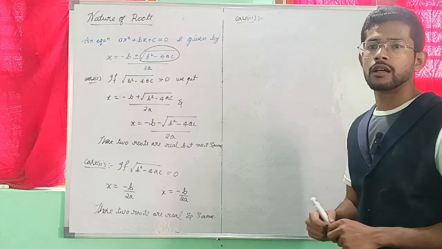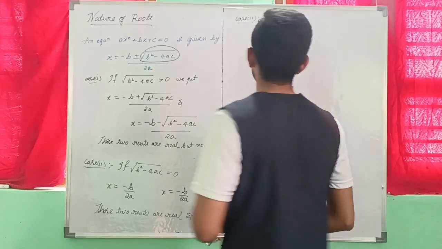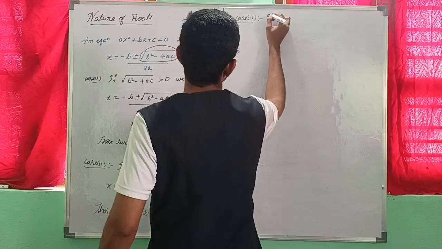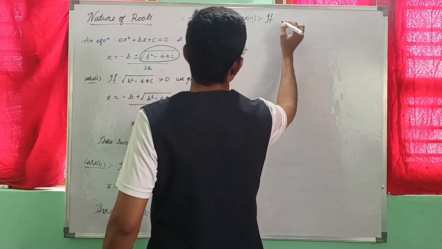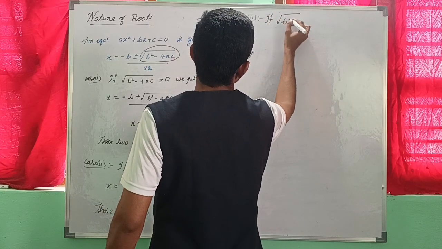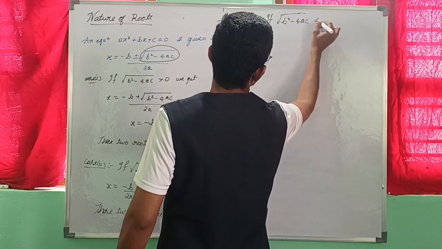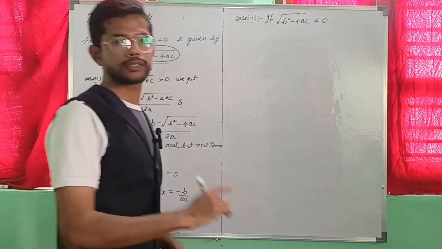The next case is the third case, case 3. What is the third case? If root b square minus 4ac is less than 0.